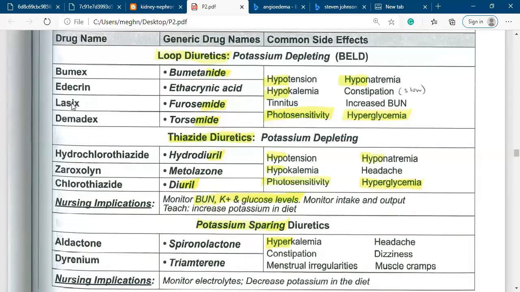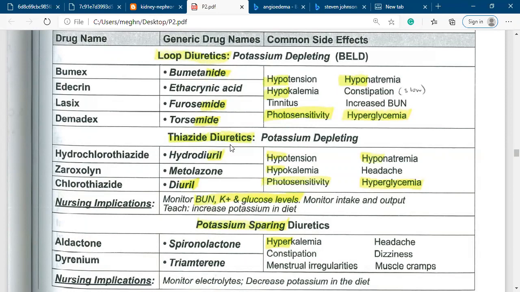We use Lasix in the gynecology and obstetrics ward, OBG. All of this group of diuretics can cause hypotension. As I told you at the beginning, all antihypertensive medications can cause hypotension, right? And hypokalemia, hyponatremia. So sodium goes down, potassium goes down, both.